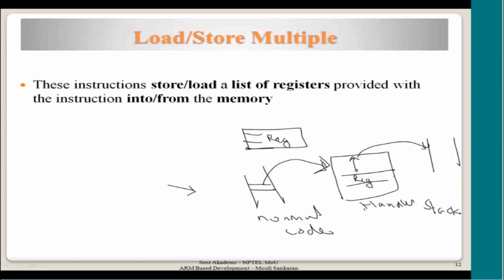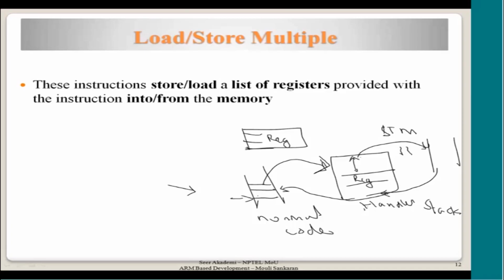To save them, you will use an LDM or STM. In this case, STM you will use to store a set of registers, and then once you complete the handler, you will restore them and come back to the code which you were running.